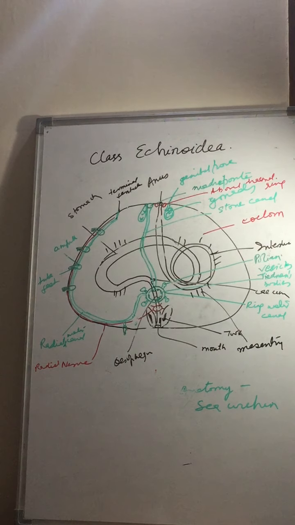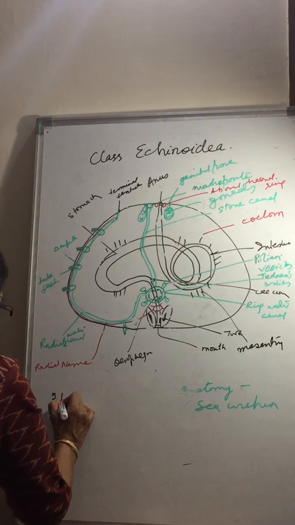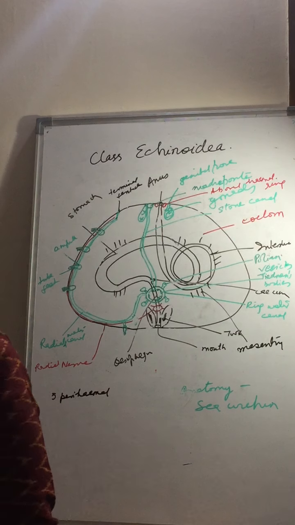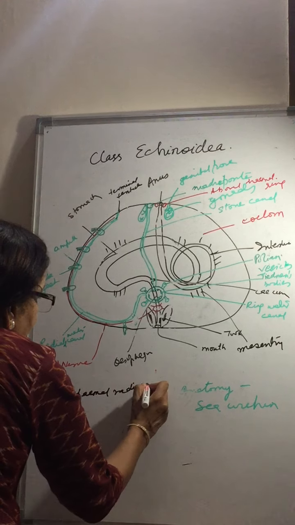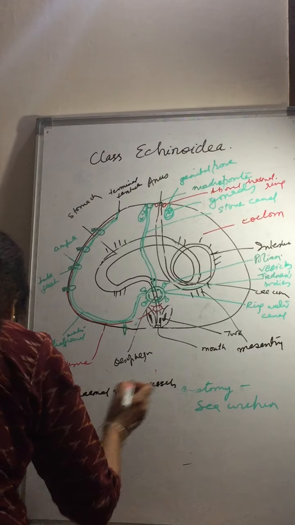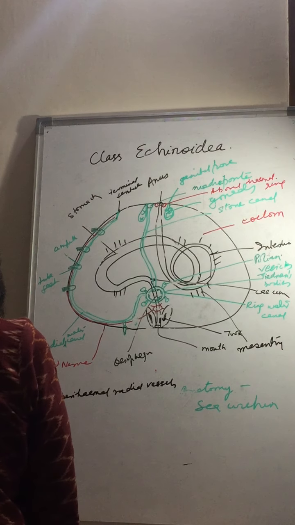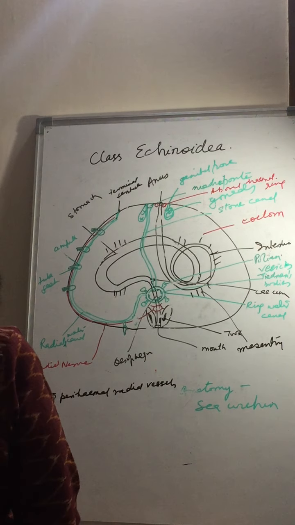In the case of the perihemal system, there are five perihemal radial vessels, and they terminate in the tentacle.